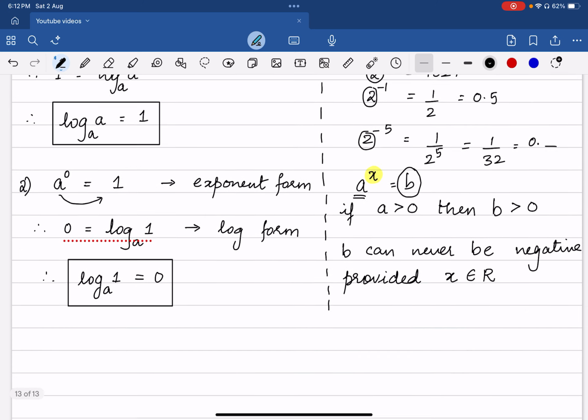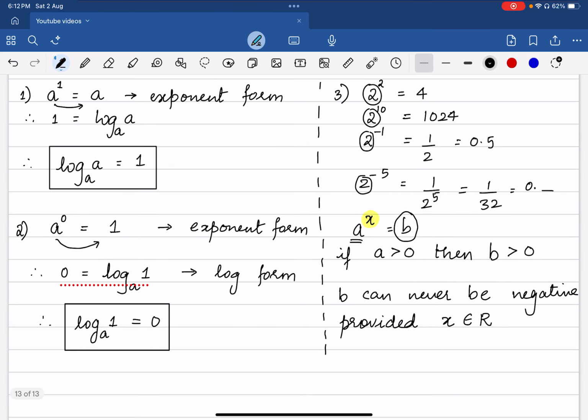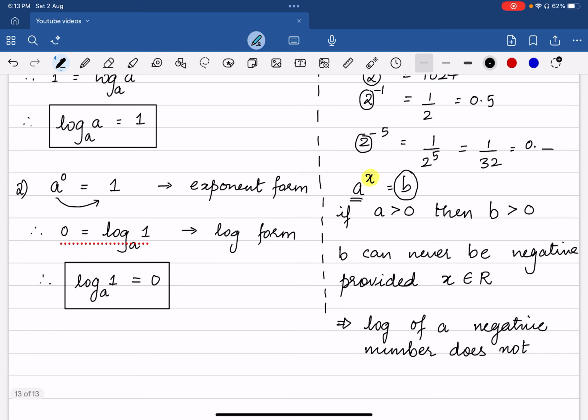This also forms one of the bases for one of the characteristics of logarithm, and that characteristic is that log of a negative number does not exist. Actually, it's very deep.